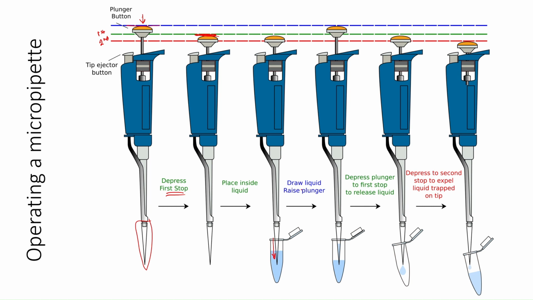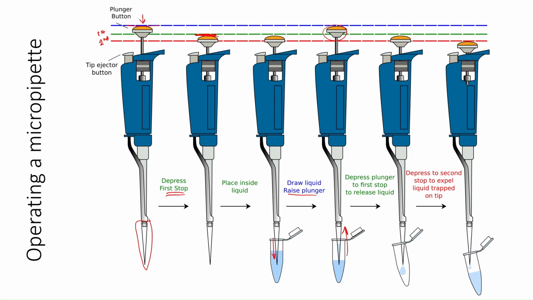And then to draw up the liquid, you raise up the plunger back up to that top position. Once you've pulled the plunger up to that top position slowly, you can then pull that tip out of the liquid that you're measuring. At that point, you have put liquid inside your pipette tip.